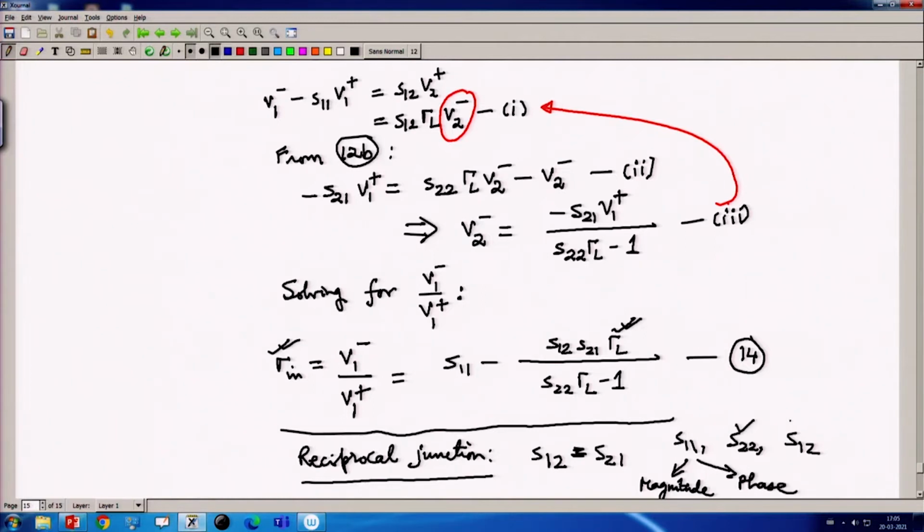So, for each of these we will have their magnitude and phase, and therefore, there are 6 independent parameters.